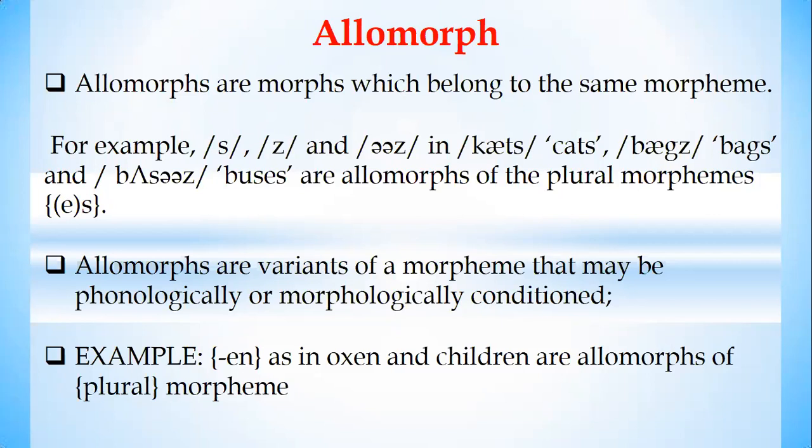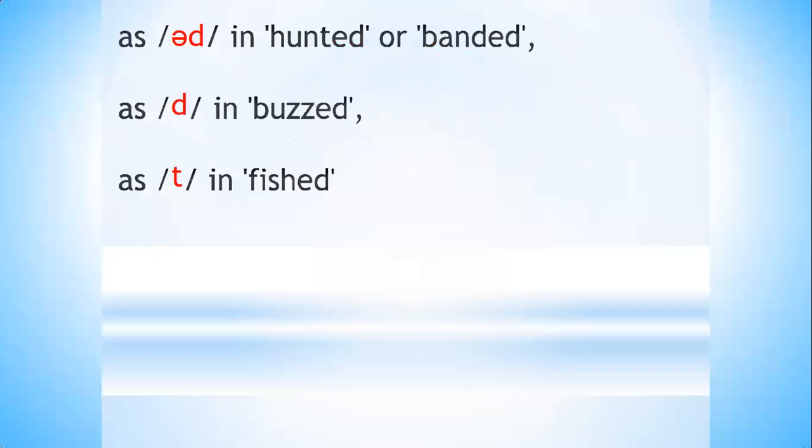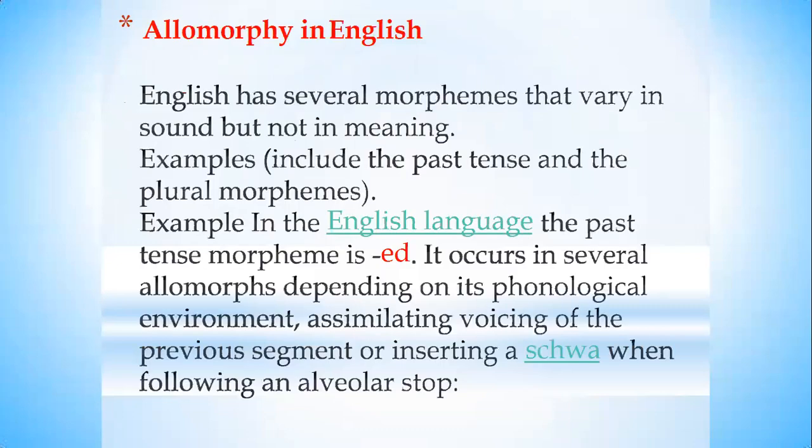They are variants of a morpheme that may be phonologically or morphophonologically conditioned. En, as in oxen and children, are allomorphs of the plural morpheme. Now let's go to the next page. We also have here, as in hunted or banded, buzzed, and the T, fished. Now let's proceed to the next page.